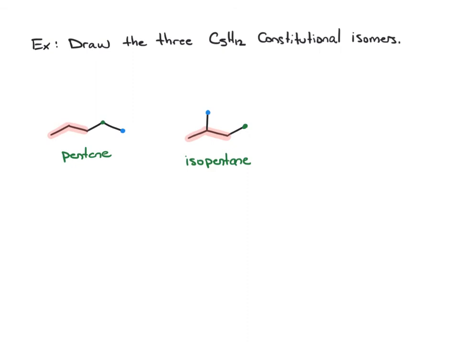So now you can imagine how you might move this carbon with the green dot. And be aware, you could move it and end up with an identical structure. So let's say I took this carbon and moved it over here to the end.